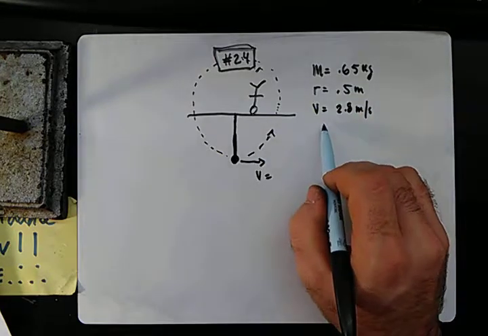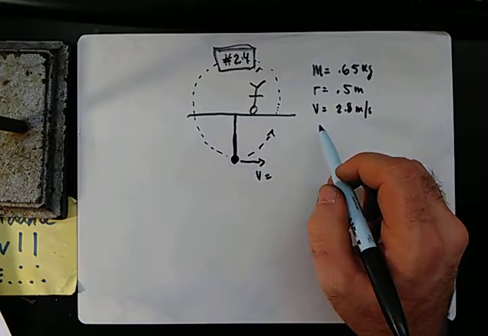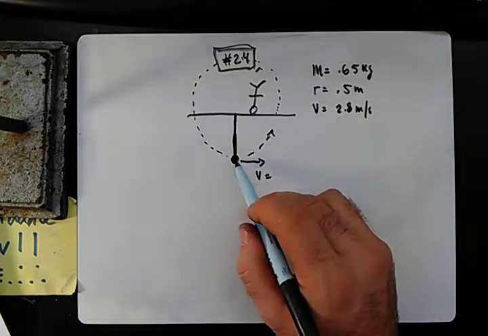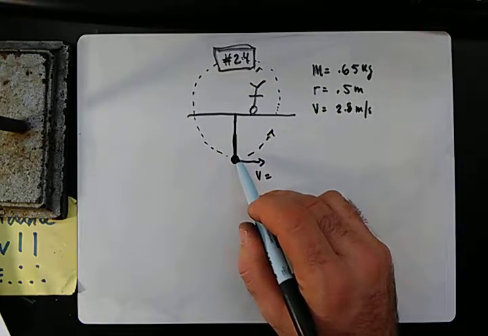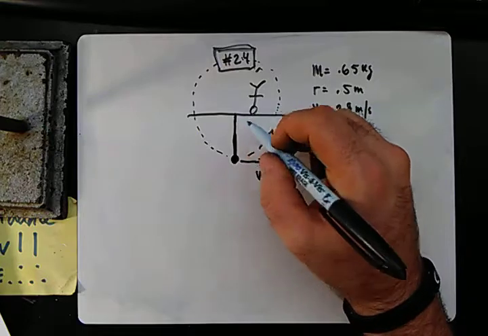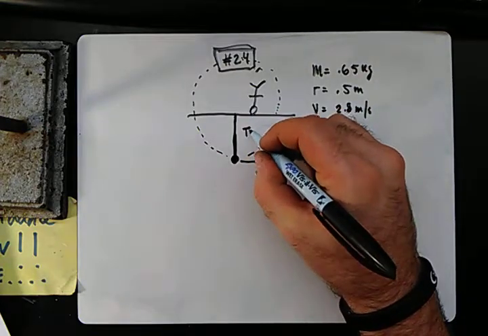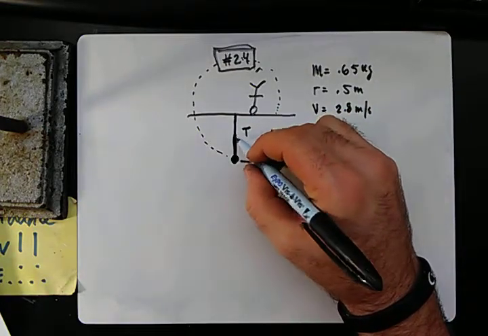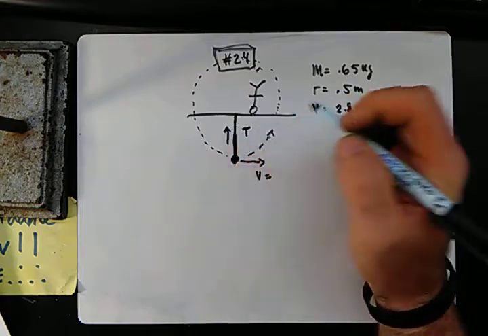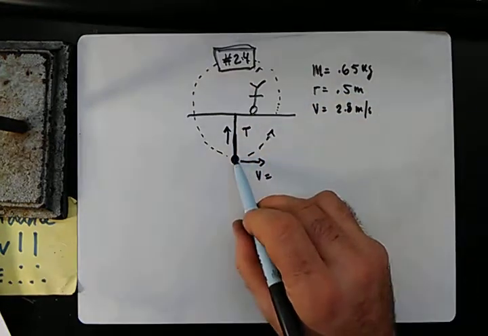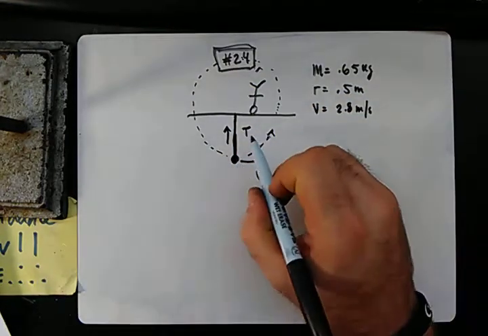Now, they're going to ask us a couple of things. Number one is to draw a free body diagram showing all the forces acting on this. Now, we can think of tension in the string as an opposing force to keep this here at that moment in time.